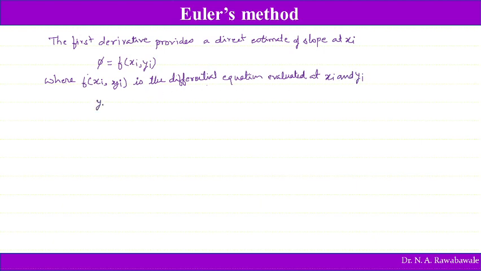Therefore yi plus 1 is equal to yi plus psi times h, where psi is the slope and h is the step size. So we can write yi plus 1 is equal to yi plus f of xi comma yi into h. We call this equation number 1.